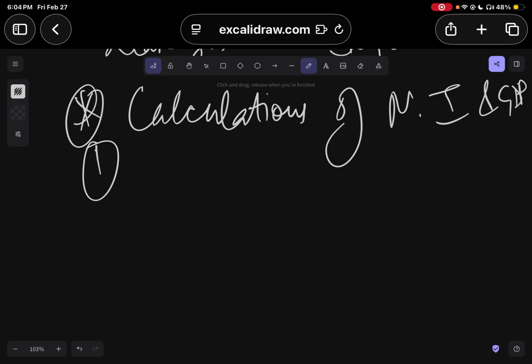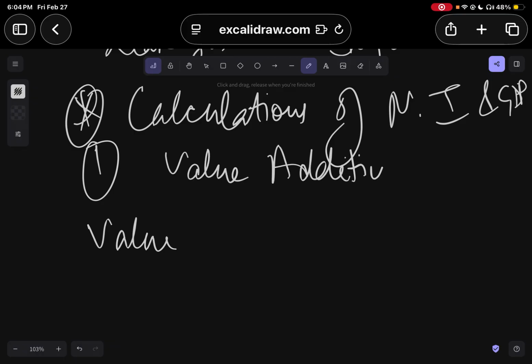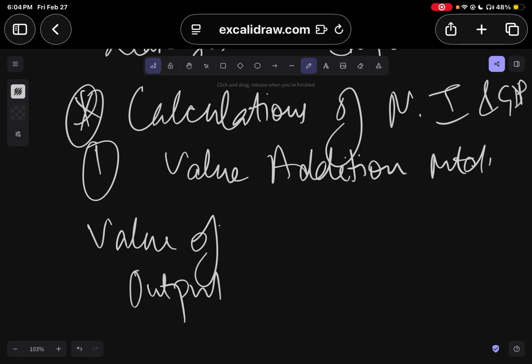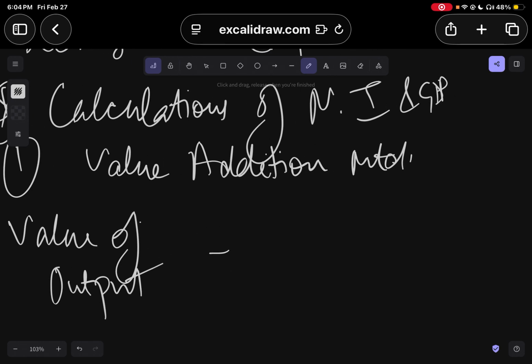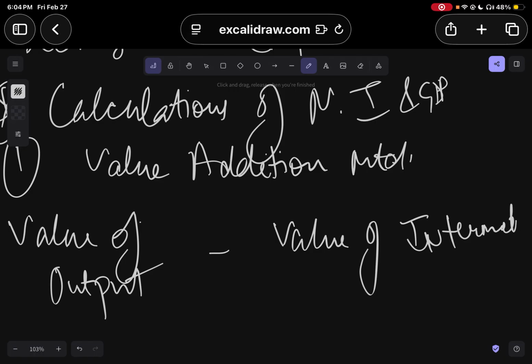Now, the first way is value addition method, which simply means value of output minus value of intermediate goods and services.